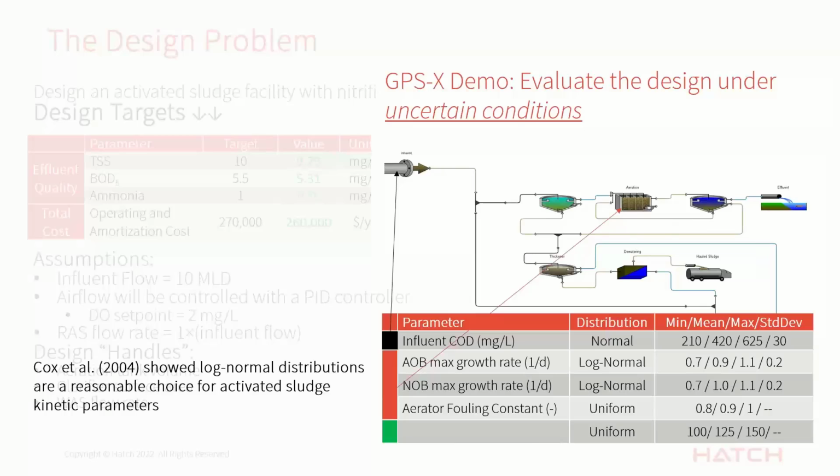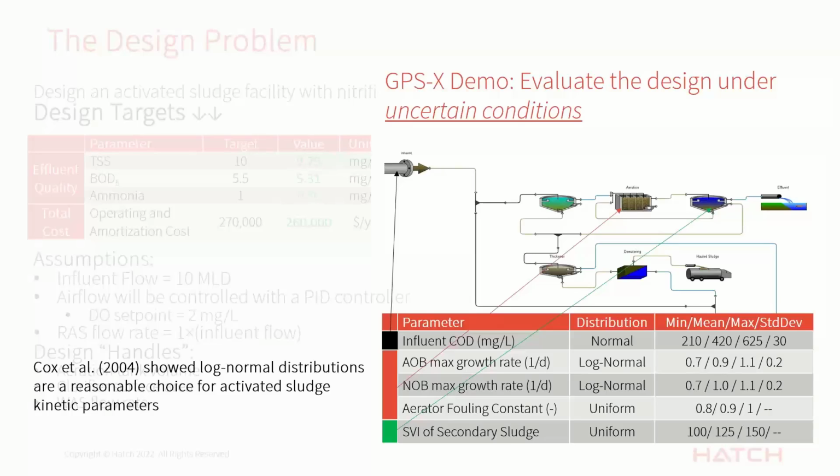We just want to add that little bit of uncertainty in there. And then finally, in the clarifier, since we're making this design, for example, for a plant that isn't even built yet, we don't really have any idea what the sludge SVI is going to be. I shouldn't say no idea because we do have this range here, because we know the typical range that activated sludge SVIs would fall into, so we can just use that and make a uniform distribution on that so we can get a better idea of the uncertainty in the effluent TSS concentration.